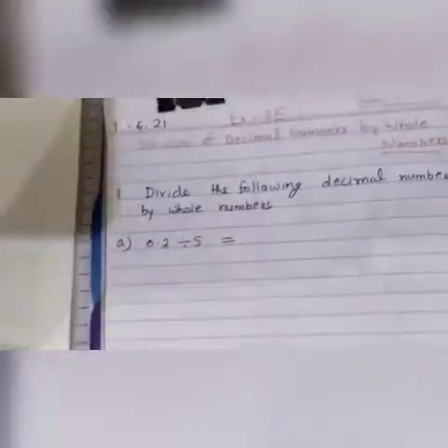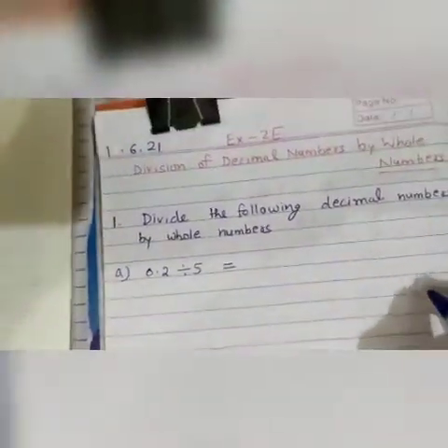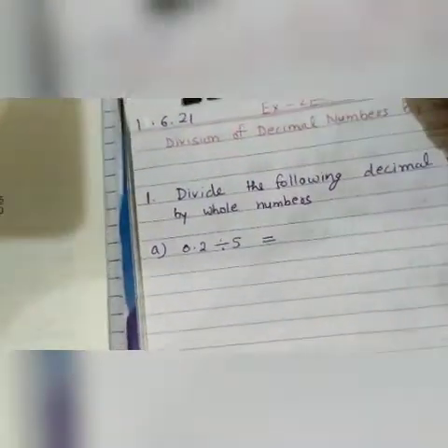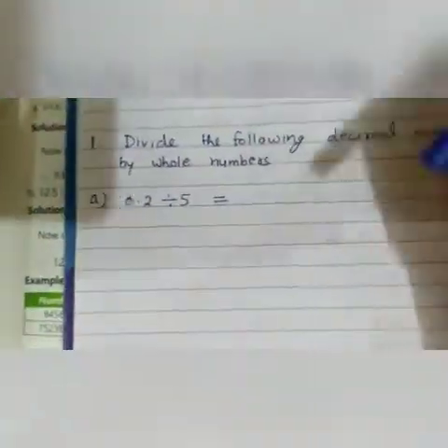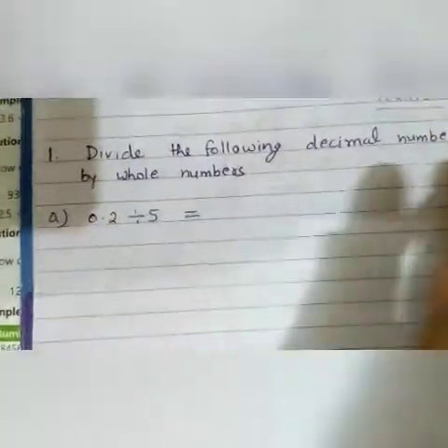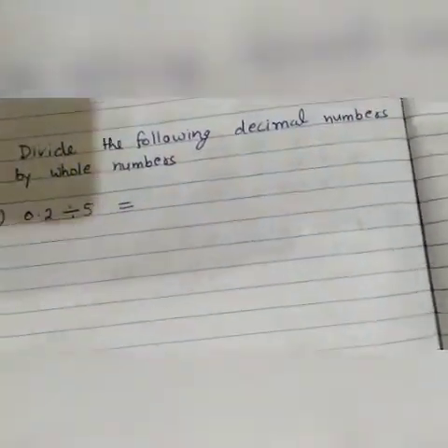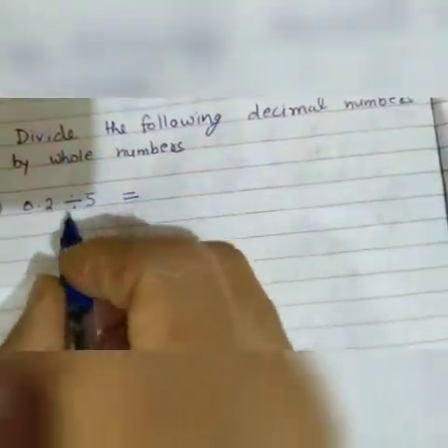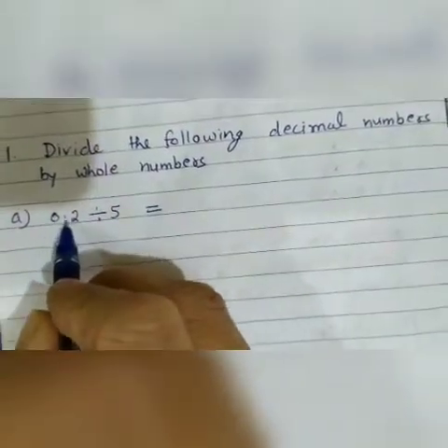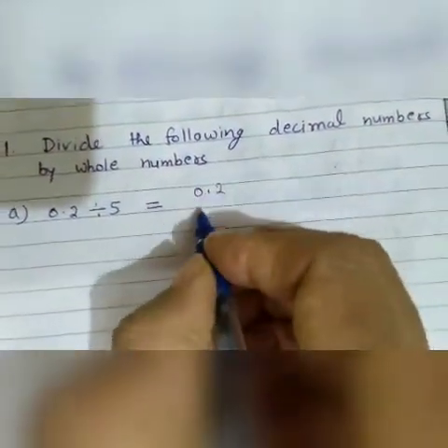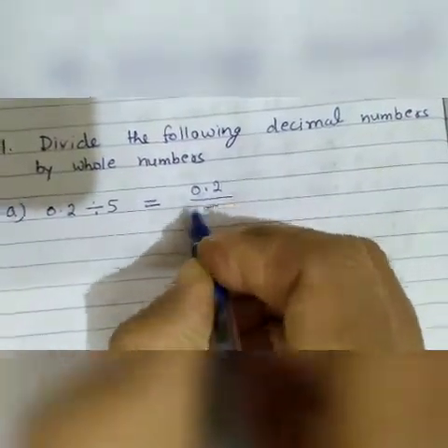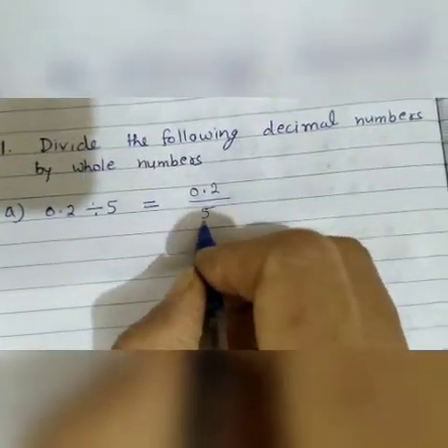I have written it here. See this question. Students, what will we do first? First we will write this 0.2 as a numerator upon this 5 as a denominator.